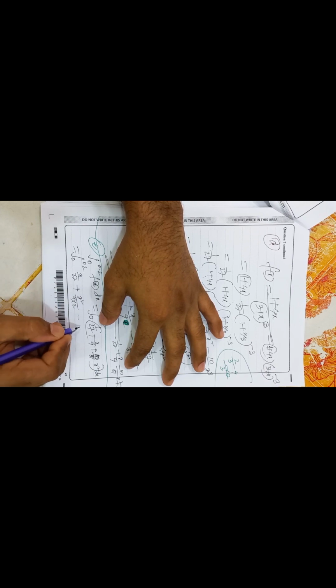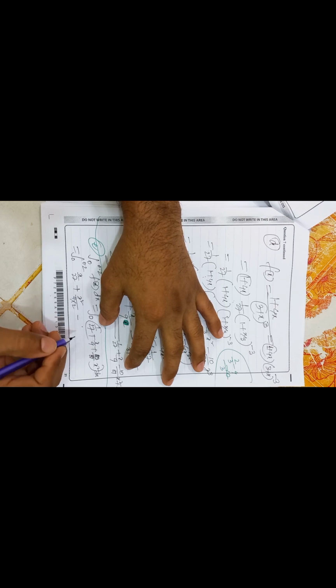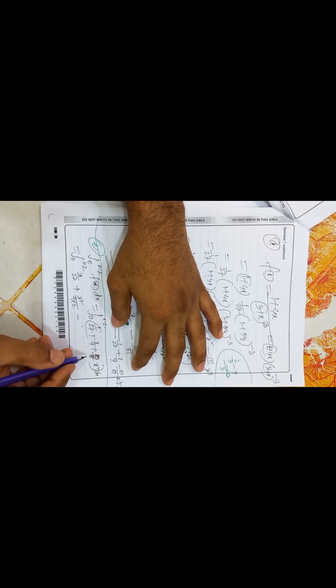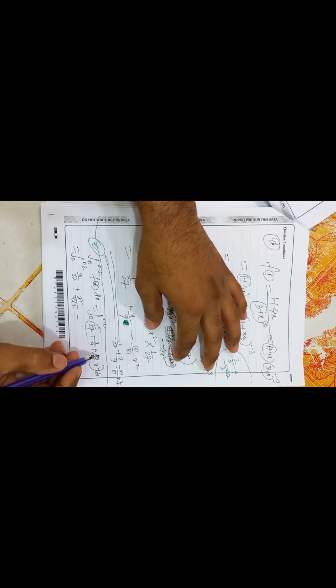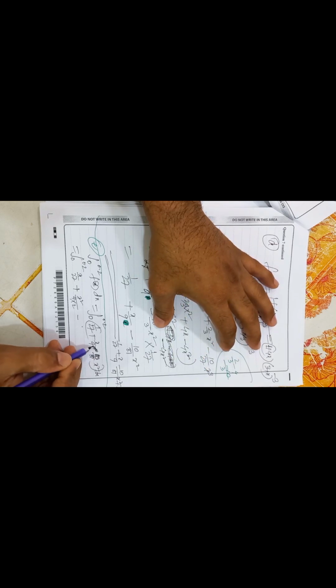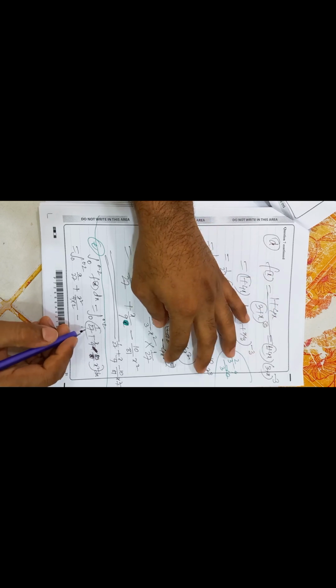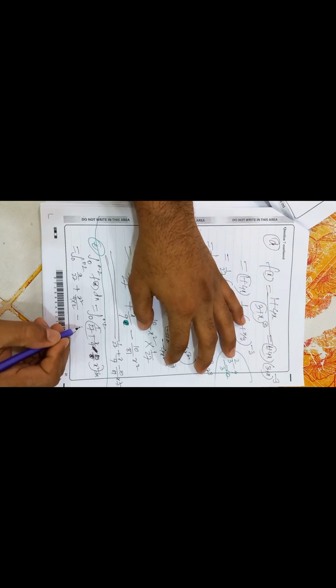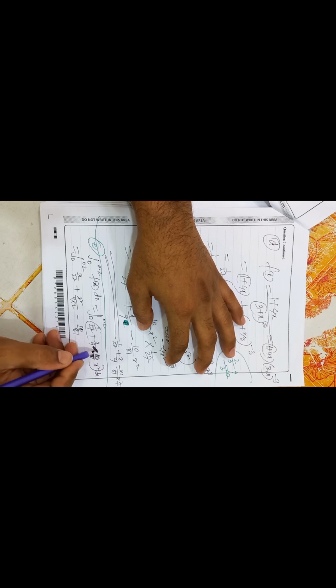Then it is minus 10 over 81 times x square, this is negative, remember.